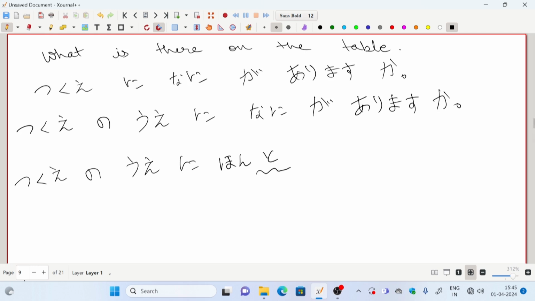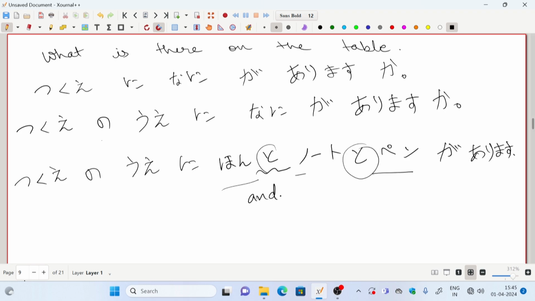To, we are using particle to as and. Hon to noto, which is notebook. To, pen. Pen ga arimasu. So in this sentence we learn how to put two or more objects together using particle to.